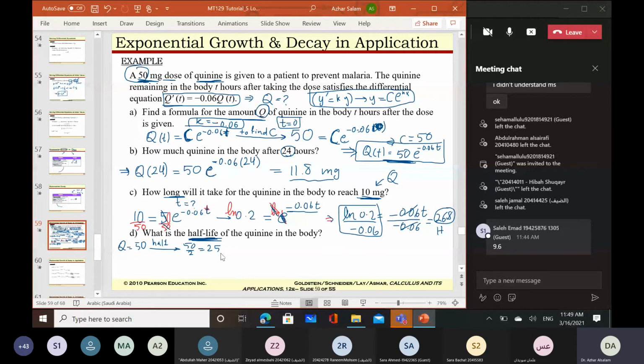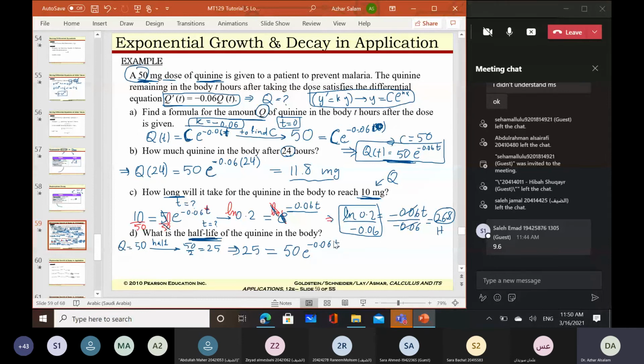If the quinine is 25, I will find the half-life. What is required is to find the half-life, meaning t: when does t give half the quantity of quinine in the body? So I substitute Q with half the amount, which is 25. So Q is 25, equal to, substituting again, 50 multiplied by e to the power minus 0.06 t.